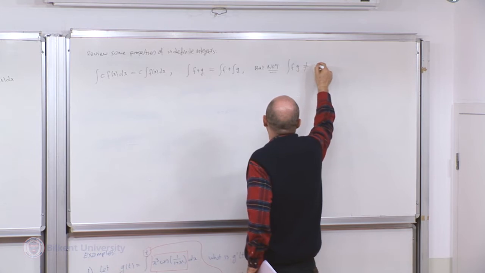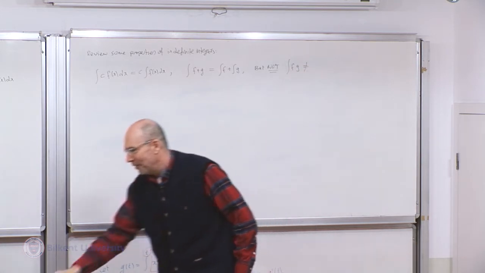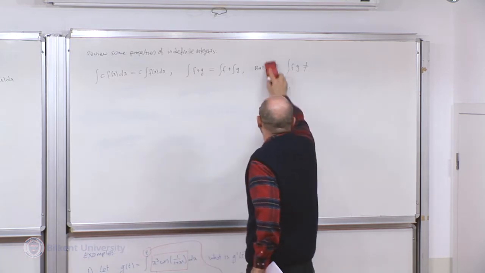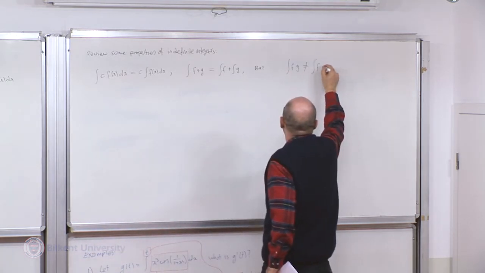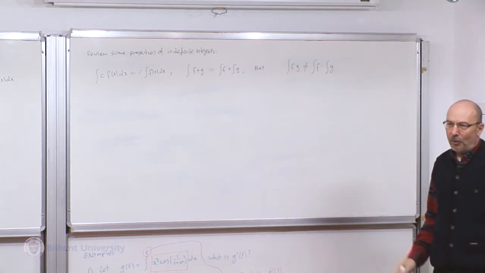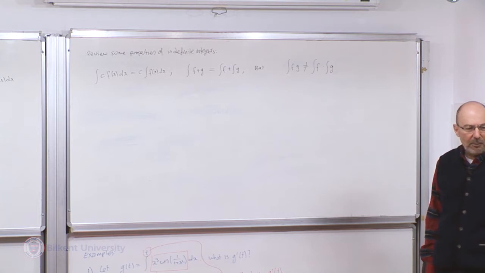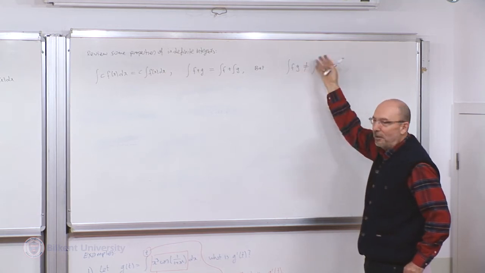So maybe I put this "not" here: this is not the integral of f times the integral of g. Obviously this does not hold. If you think about this for a fraction of a second, you'll immediately realize that if I take the derivative of this, I will not get this.